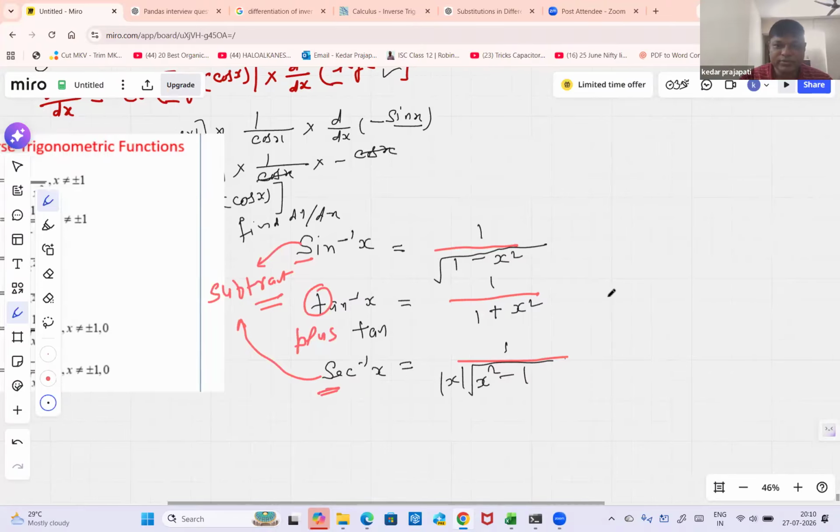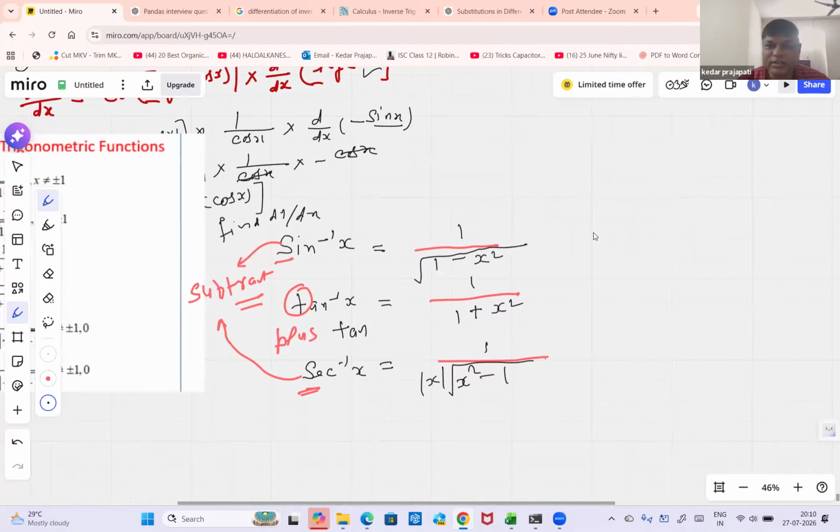I'll teach you how to derive now only. So this side, if sine is here, I need cos here. Let me remove it. Sine is here, cos is missing. So what will be the dy by dx of cos inverse x?